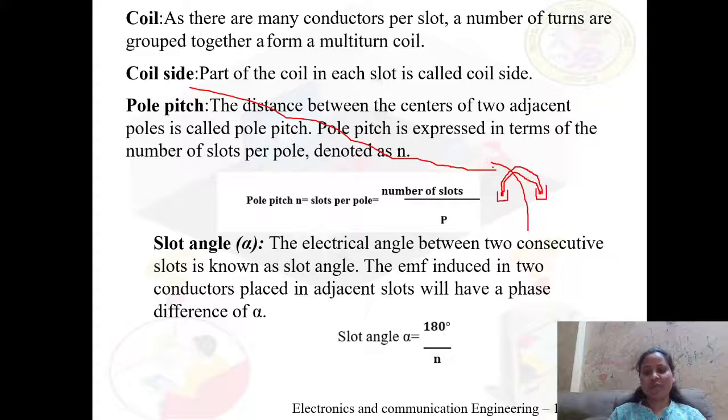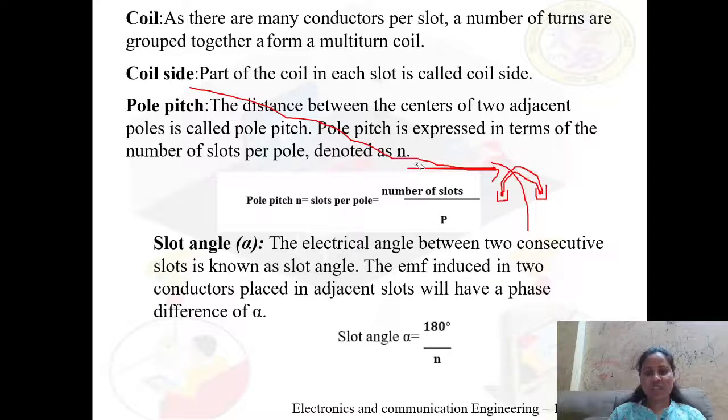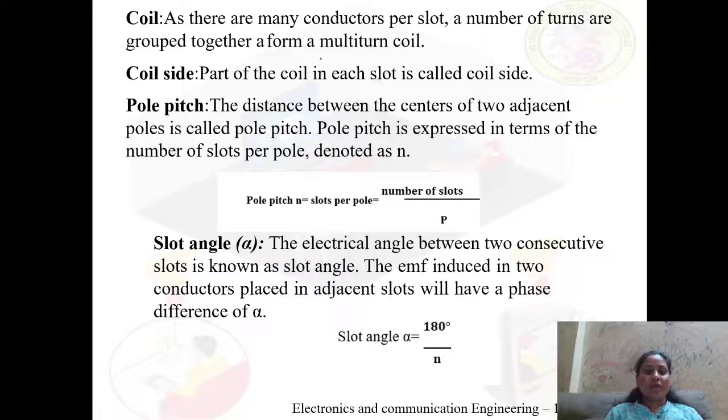So this is nothing but a coil side. Okay, let me just show one more time. So this half portion is one coil side, and this is another coil side, right? Okay, so coil side is nothing but the part of the coil in each slot.